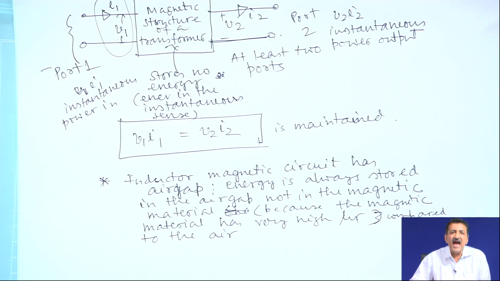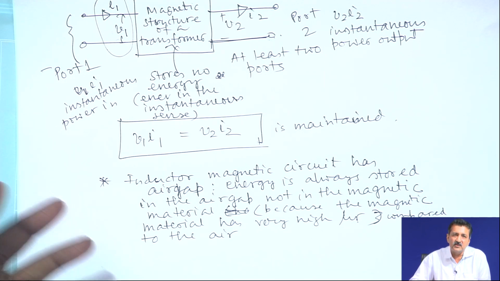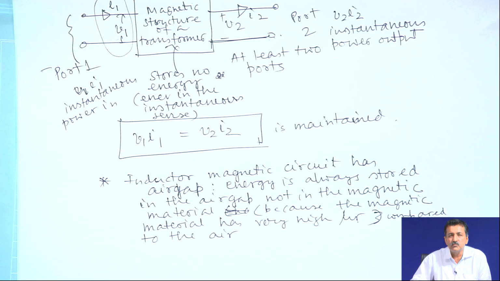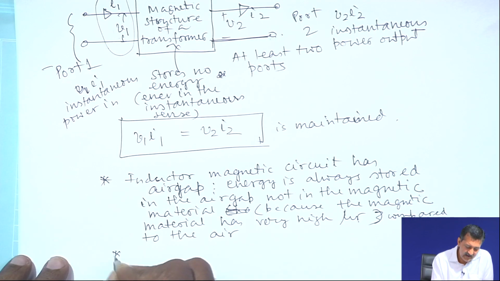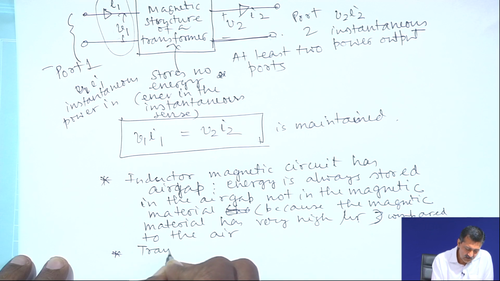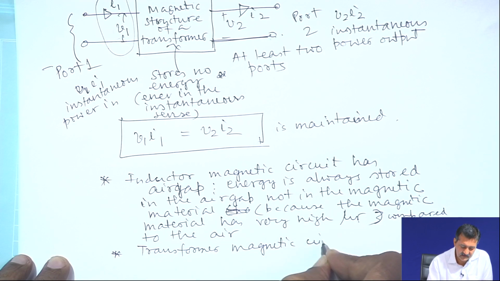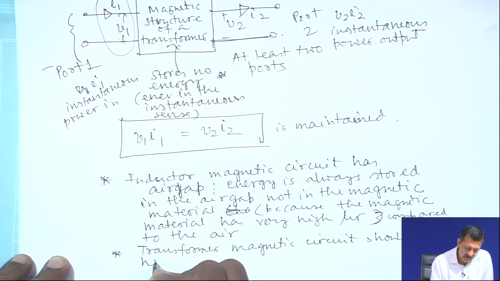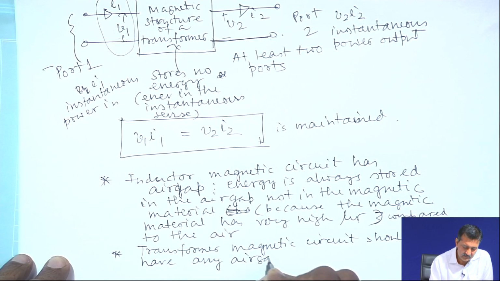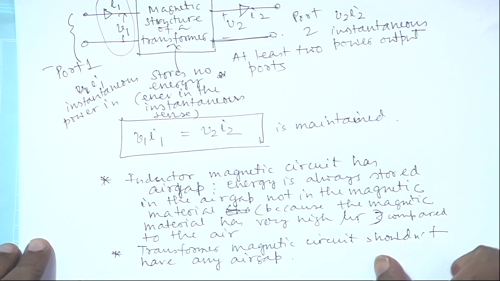Due to mechanical connections and contacts there will be some very small air gap, but our intention is that the transformer magnetic circuit should not have any air gap. We will see the consequence of that.